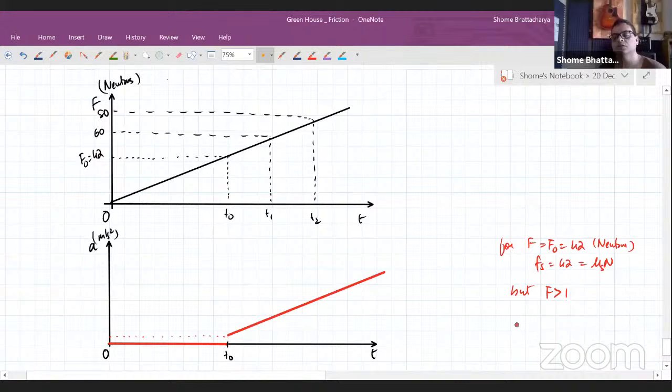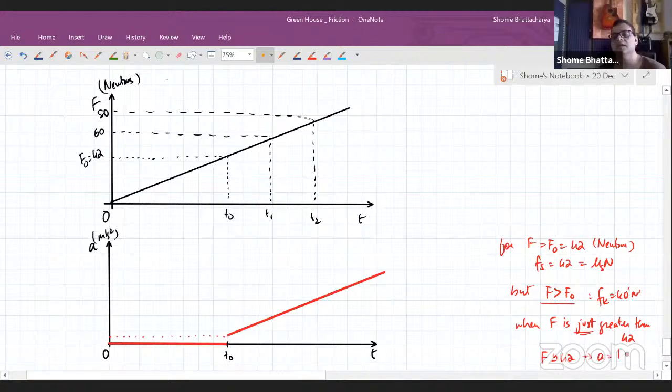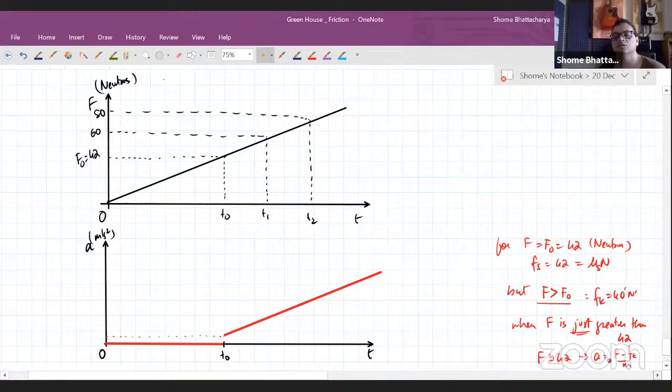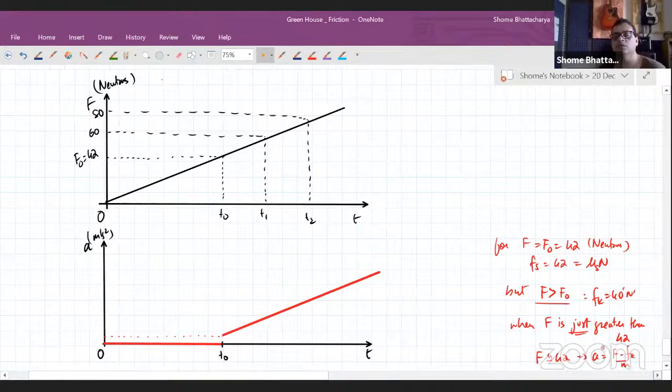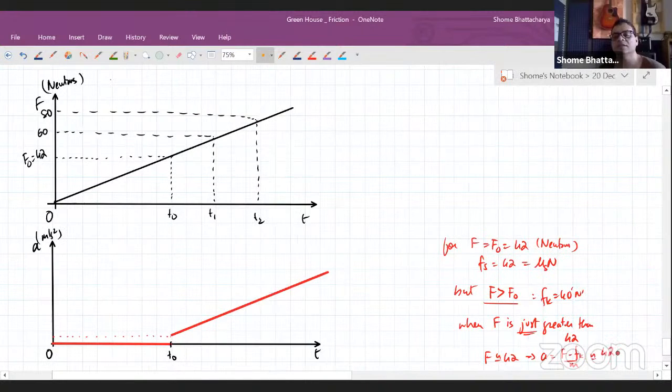So it becomes 40 newtons. Okay, so when F is slightly greater than 42, almost equal to 42 but greater than, then the acceleration will become F minus kinetic friction divided by mass. So this will be slightly greater than 42, but the kinetic friction will be 40.